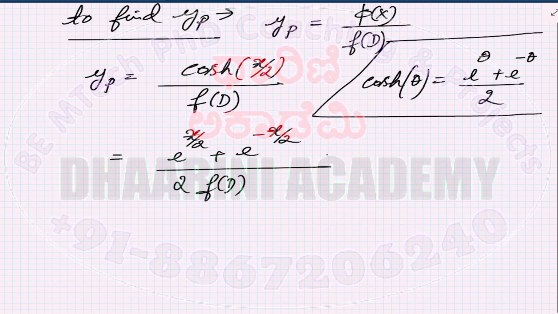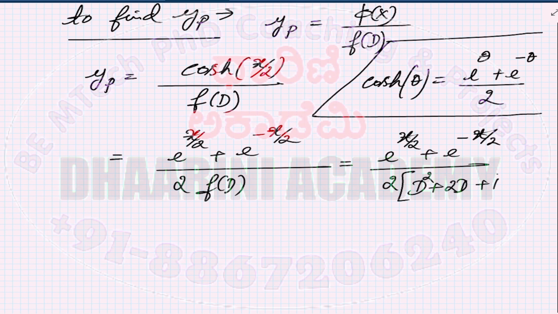This is my problem now. What I do, I further substitute. This is equal to e to the x by 2 plus e to the minus x by 2, divided by 2 times f of d. In this particular problem, f of d was d square plus 2d plus 1.